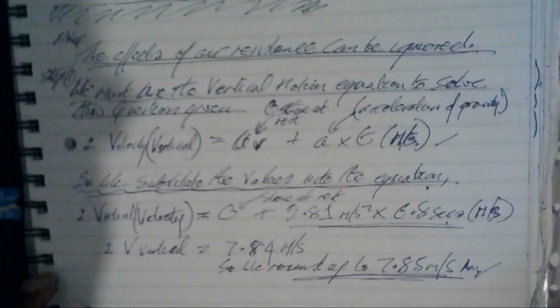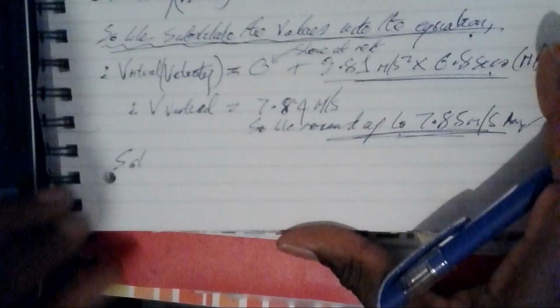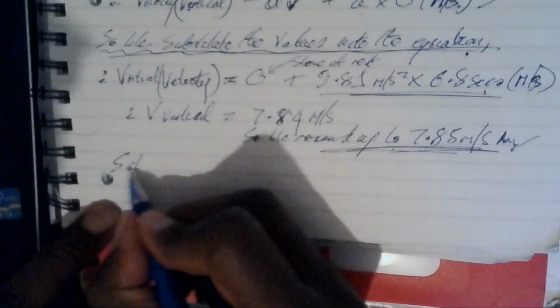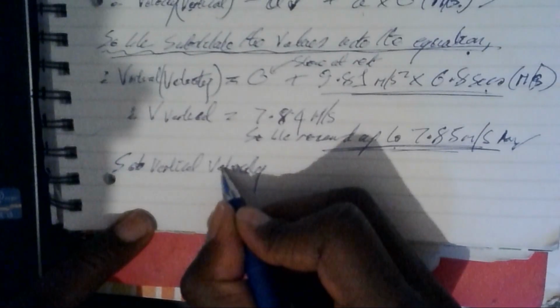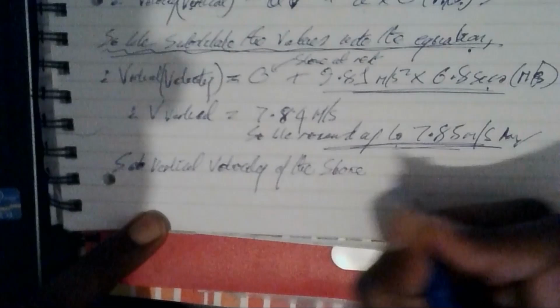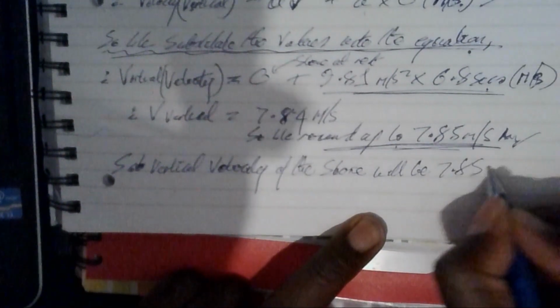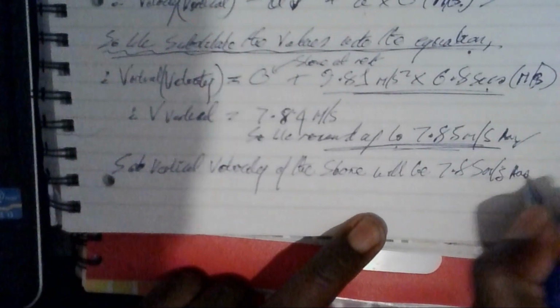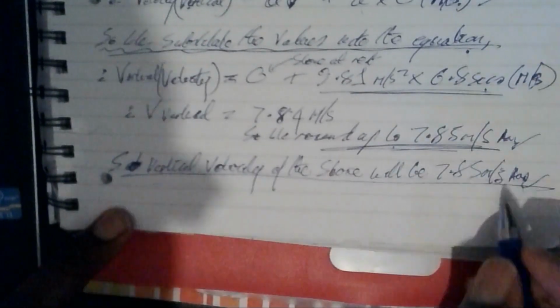So the vertical velocity of the stone will be 7.85 meters per second. That's the correct answer, guys.